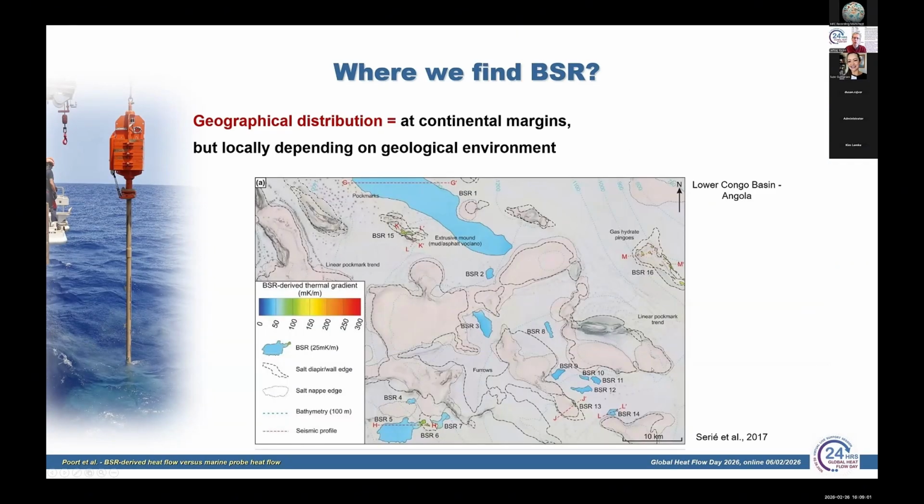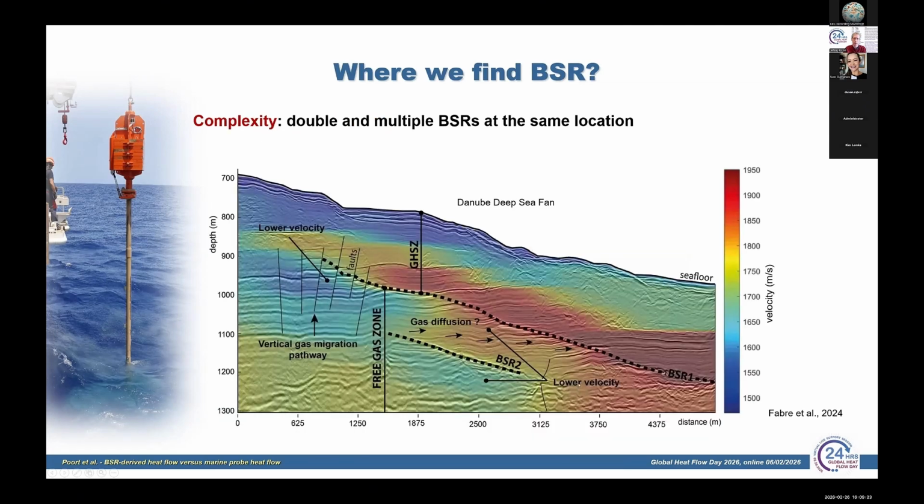To show the same thing on this geological dependence, here is an example from the lower Congo Basin. You can see that the BSR patches, here in blue, are found in the basins between some salt diapirs. So it very much depends on the environment.